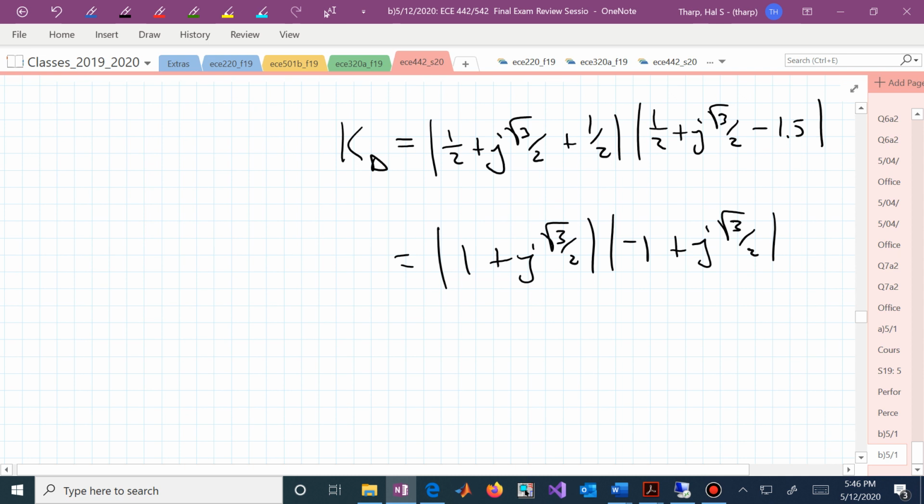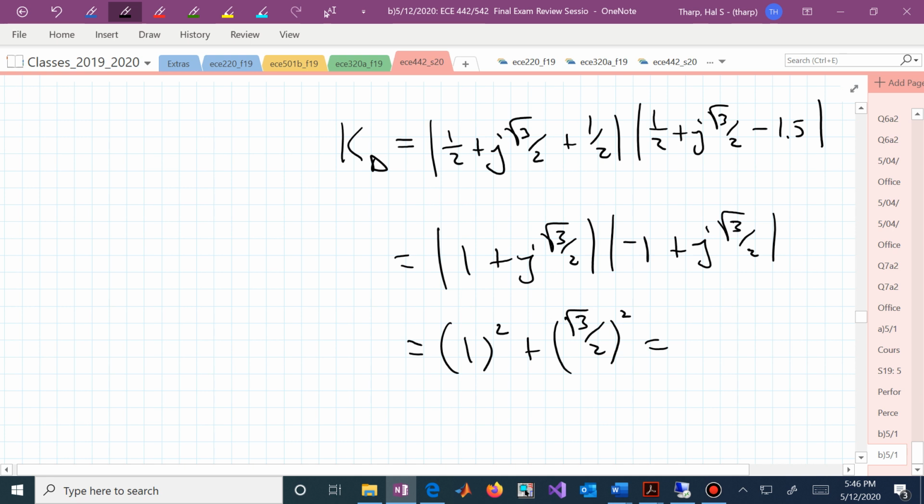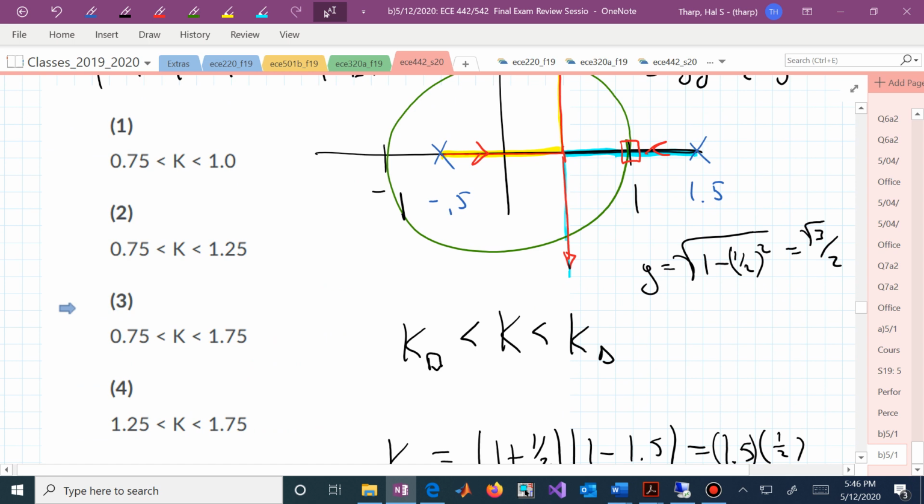Those magnitudes are the same. It's just the negative of the real value. So we now have 1 squared plus square root of 3 over 2 squared, square rooted, times that same thing square rooted. So let's not even worry about that product. It's just the real part squared plus the imaginary part squared. 1 plus, this now becomes 3/4, so our upper limit is 1.75, and hopefully that's now what we had.